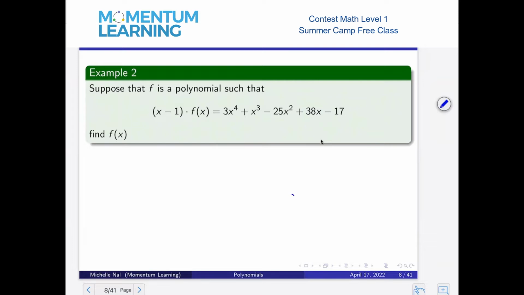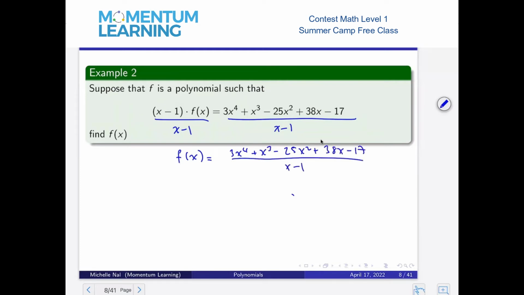Then the left side is f of x, and the right-hand side is 3x to the 4 plus x cubed minus 25x squared plus 38x minus 17 divided by x minus 1.